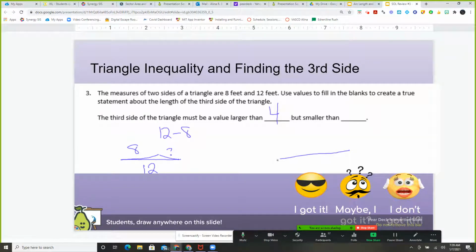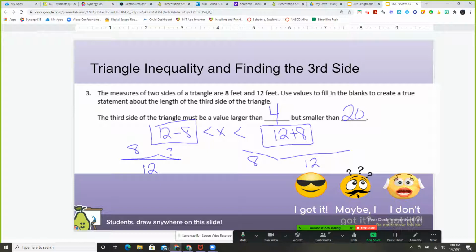And if I have a 12 and an 8 and I make an obtuse angle, that's getting closer and closer to being a straight line. So here I want to do 12 plus 8. You subtract them to get the small number and you add them to get the big number. So I want everything between 4 and 20. Triangle inequality. If you've got two sides, you want to subtract them and add them and do everything in the middle.